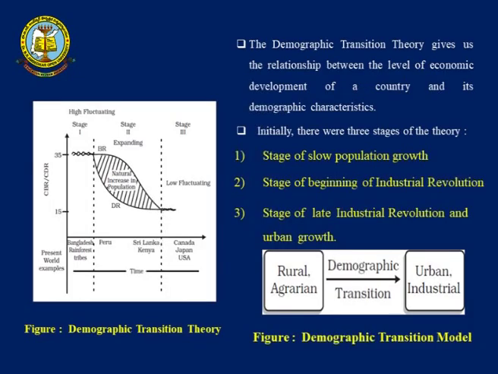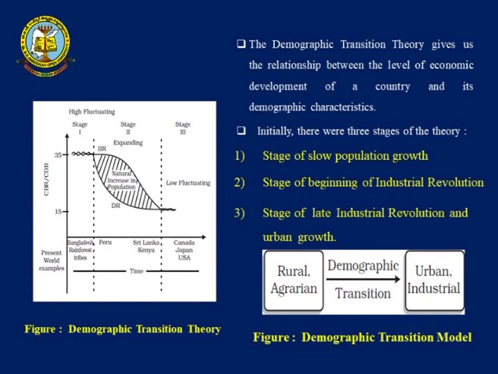As you can see through this figure, the demographic transition theory gives us the relationship between the level of economic development of a country and its demographic characteristics. Initially, there were three stages of the theory. The first stage was the stage of low population growth. The second stage was the stage of the beginning of the industrial revolution.